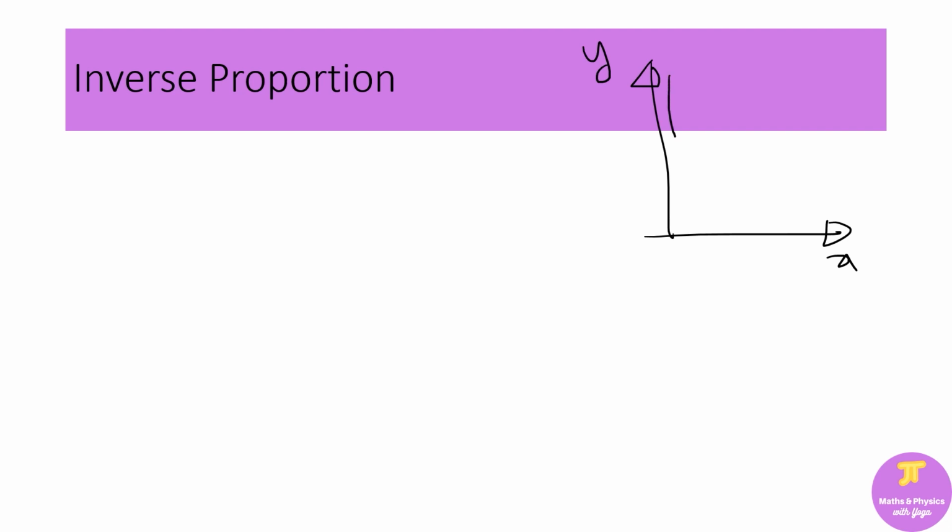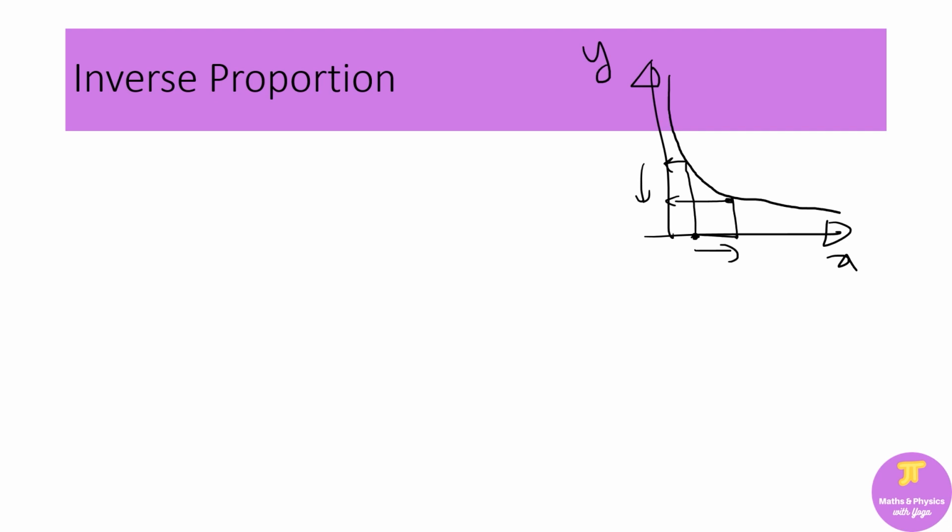The inverse proportion curve looks like this. When x is here, the corresponding y is here. But when you increase x to here, the corresponding y is coming down. So when x goes up, y comes down. That is inverse proportion.